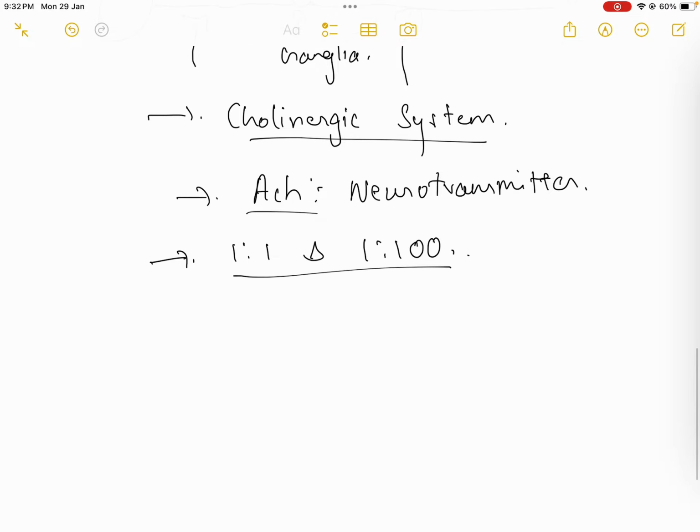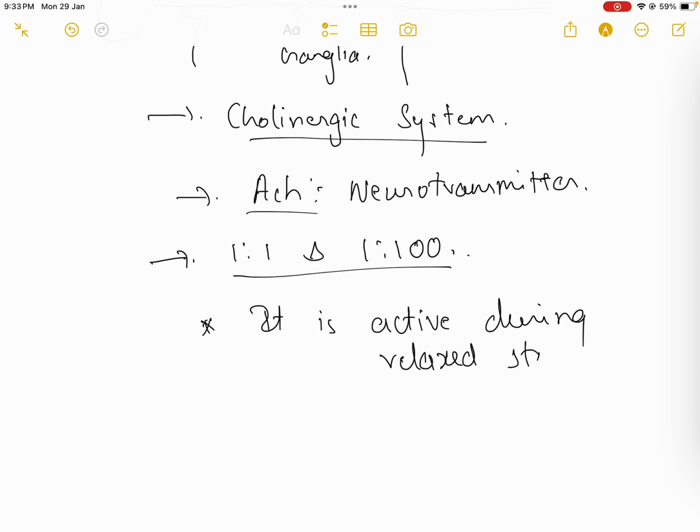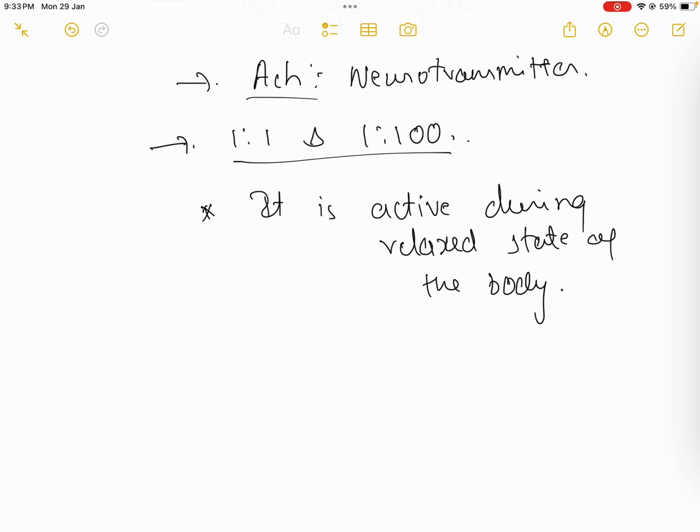Why do we call it the parasympathetic system? Usually the parasympathetic system is active during the relaxed state of the body. During the relaxed state, our pupils are dilated.